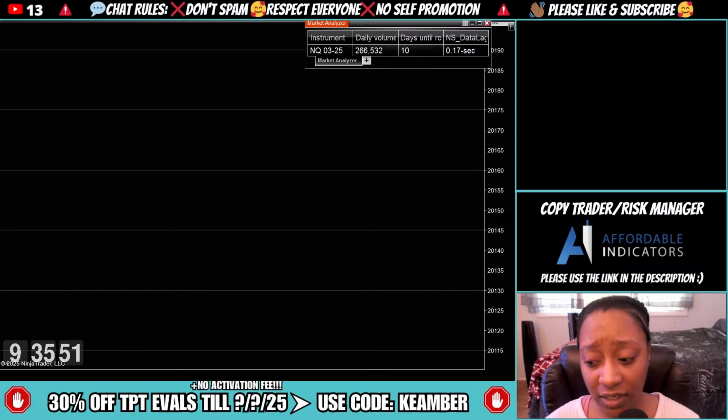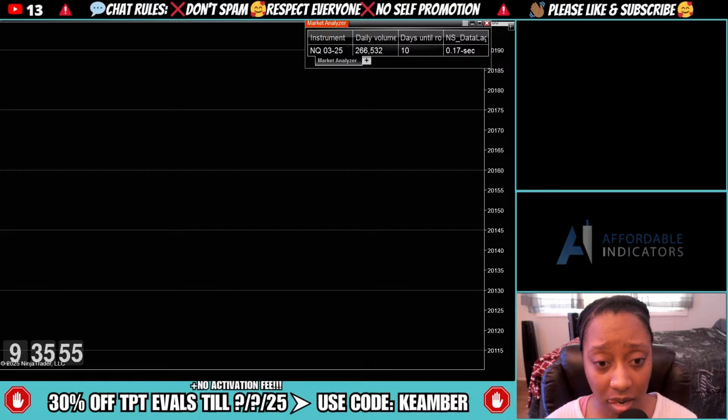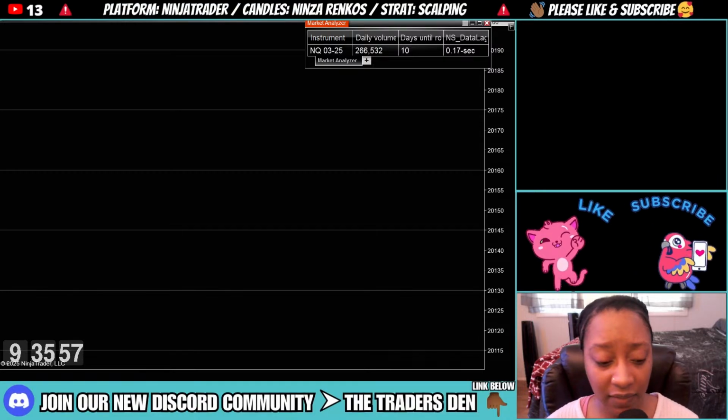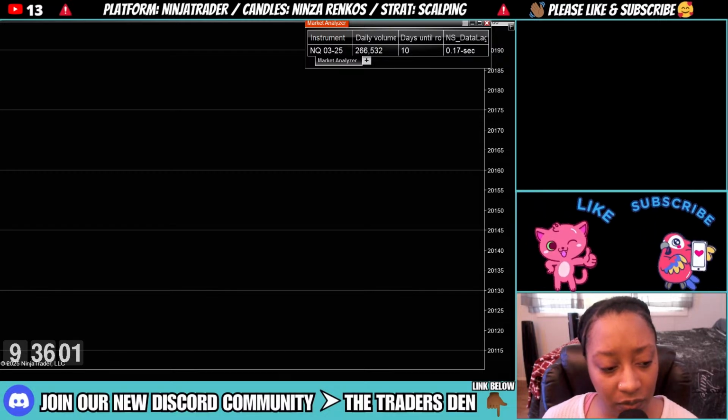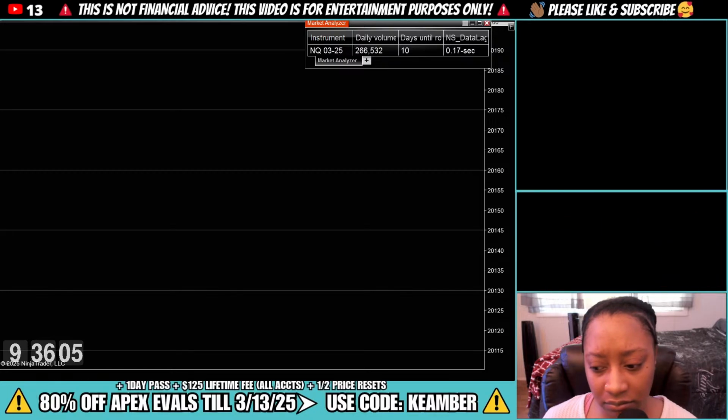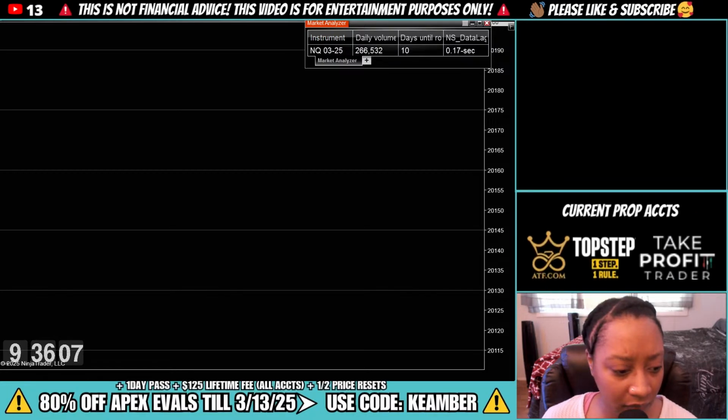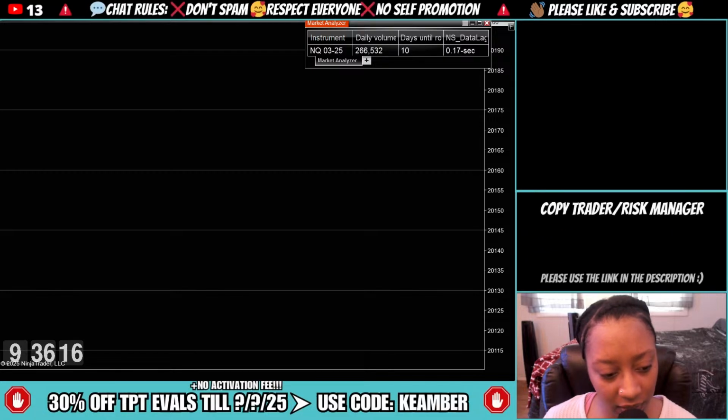All right, let's see if this actually loads up. Oh, we got to load. My Renko charts have to load. I also think that the news indicator is causing issues for me. Object reference not set to an instance. Oh, that was when I kept trying to log in before.